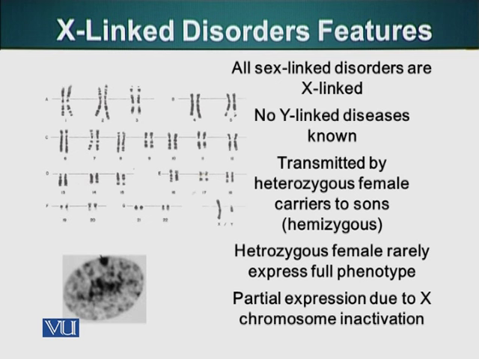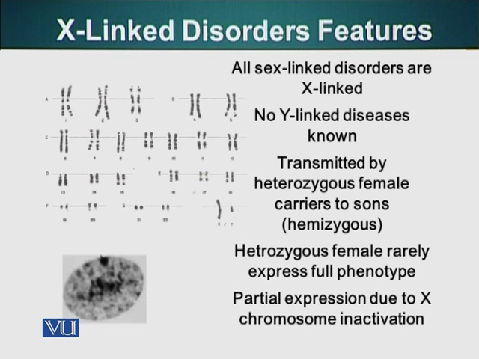Heterozygous females rarely express the full phenotype. Heterozygous females, meaning females having two X chromosomes, have one with a defective copy of a gene and the other with a normal gene. As you know, we have two alleles for a particular gene. One allele is defective, the other is normal. So why would females have a normal copy?